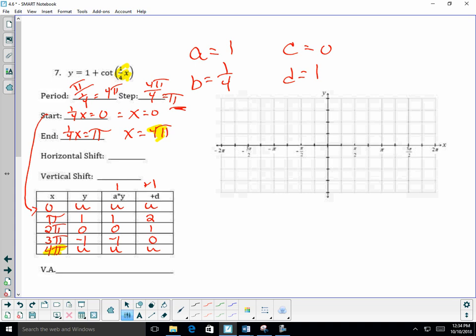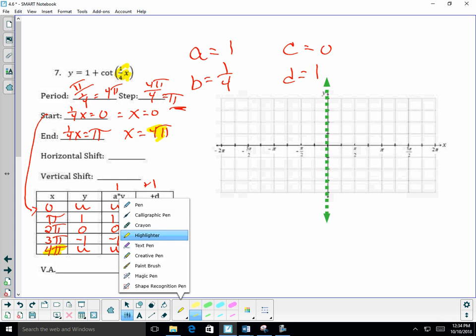First thing I'm going to do when I go to the graph is graph my asymptotes. So I have an asymptote at 0, and I have an asymptote of 4 pi. I can't see 4 pi on the scale that I have, so now I'm going to change my scale so I can see a little bit more what's going on.